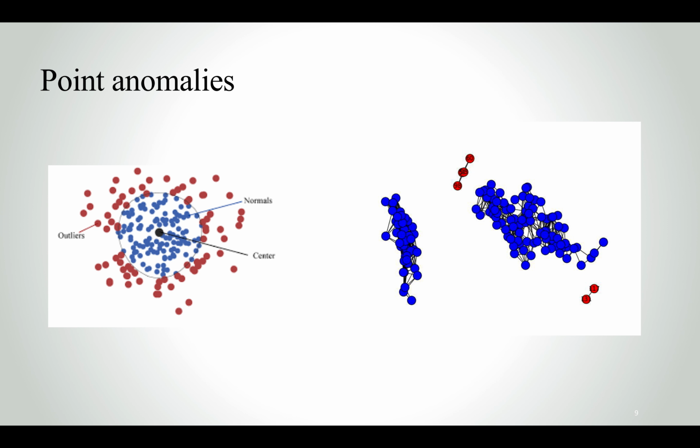This is also a visual graph to understand what's happening. You can have, for example, a circle of what we consider normal behavior, and anything that falls outside of this is an anomaly. Likewise, in a network context, there are some nodes which sit in isolation, and this is an anomaly within a network.